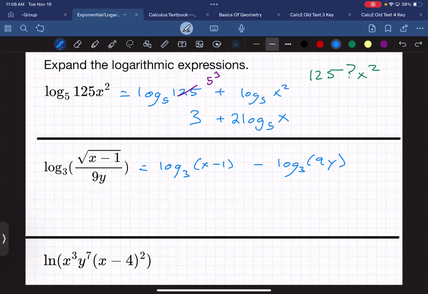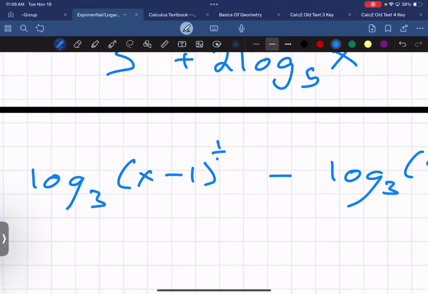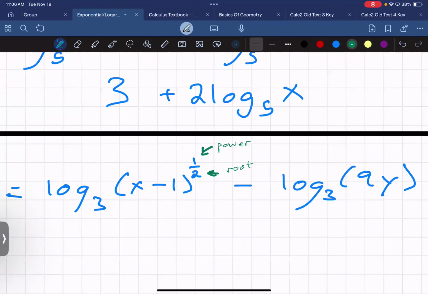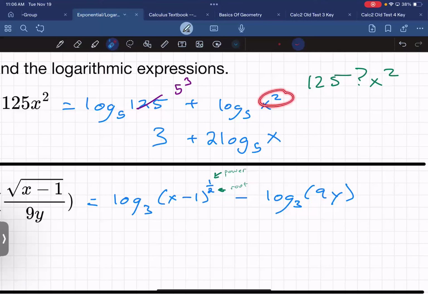But understand, we don't write it as 2, we write it as 1 over 2. So this is our power, and the denominator is our root. Just make sure you remember that. We're going to need this here because that's going to allow me to treat that 1/2 like we did the 2 up here.